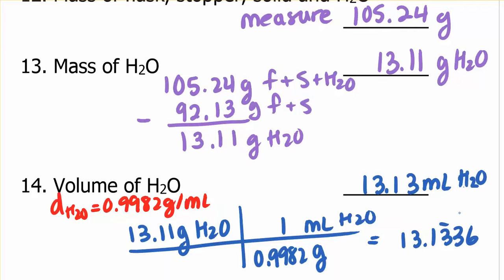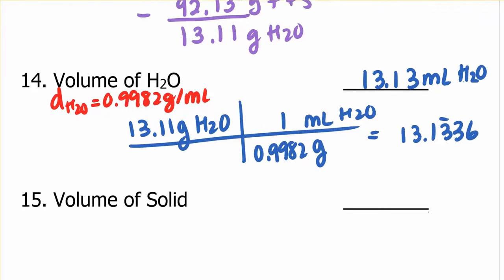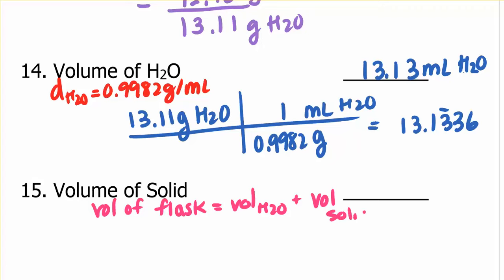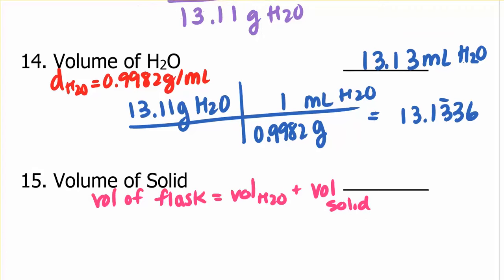Next, I'm going to get the volume of the solid. And so here's the trick. I know that the volume of the flask is equal to the volume of the water plus the volume of the solid, because I know that the solid and water together are taking up the volume of the whole thing.